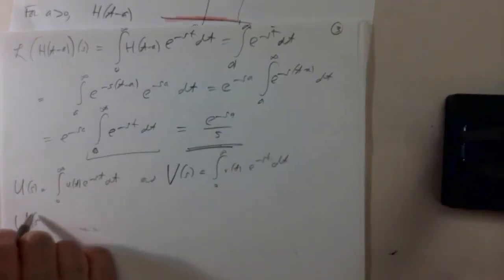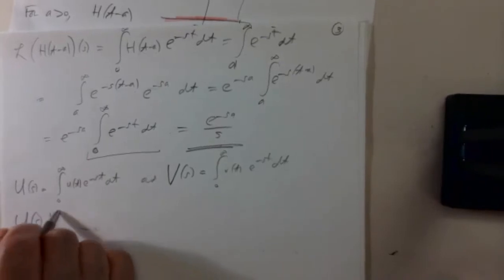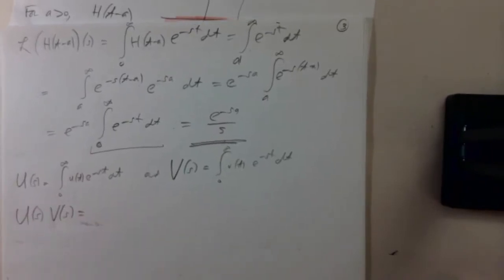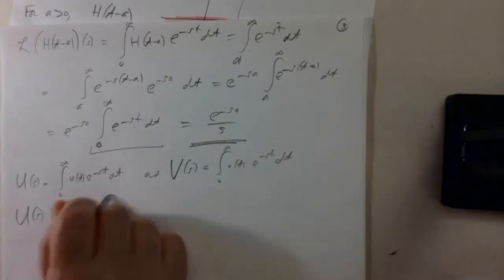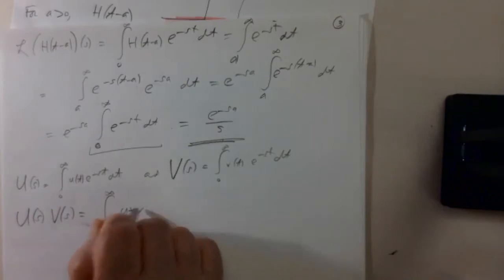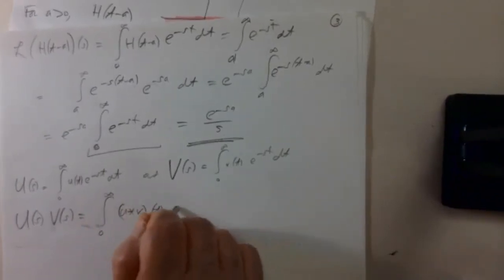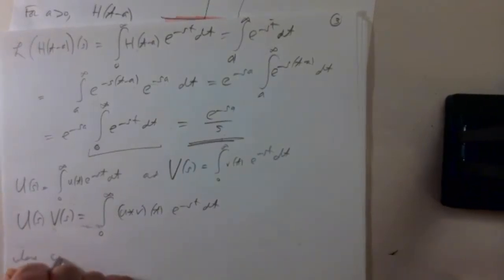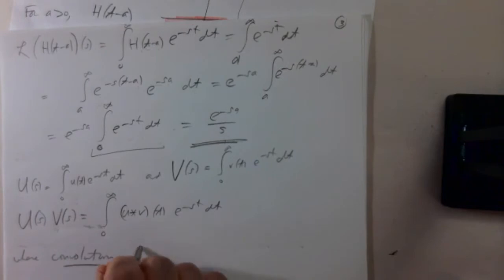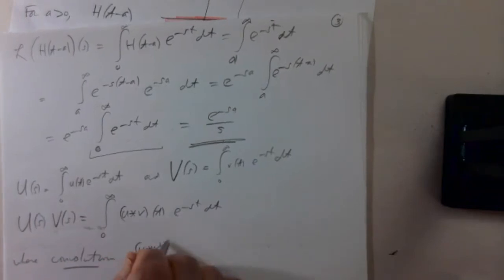If you multiply the Laplace transforms, that's not the Laplace transform of the product of the two functions, but it is the Laplace transform of the convolution of the functions, where the convolution of two functions, u star v of t, is the integral from 0 to t.